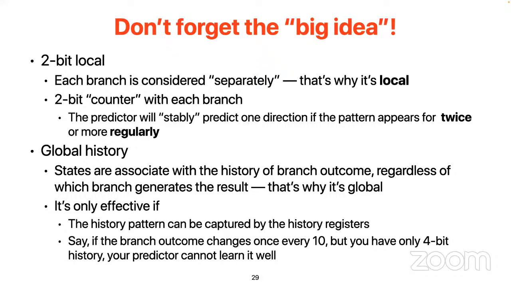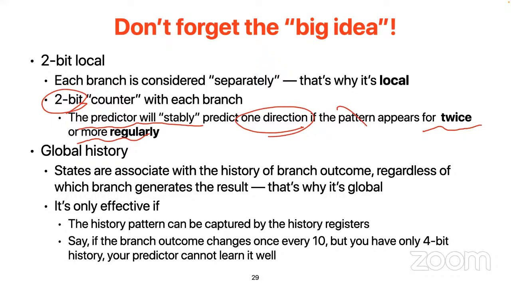However, you also sacrifice the benefit from the global history. And if you have a 2-bit counter, the predictor will stably predict one direction if the consecutive pattern appears twice or more.